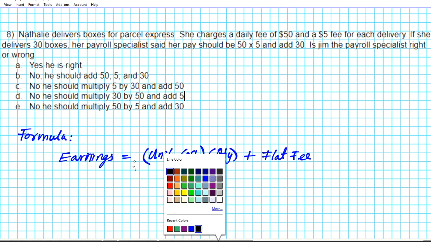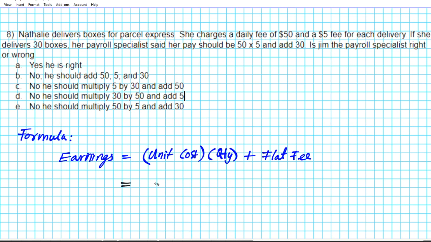In the case of Nathalie, the unit cost for each package that she delivers is $5 each. So the unit cost is going to be 5 times the quantity that she delivers, which is 30.